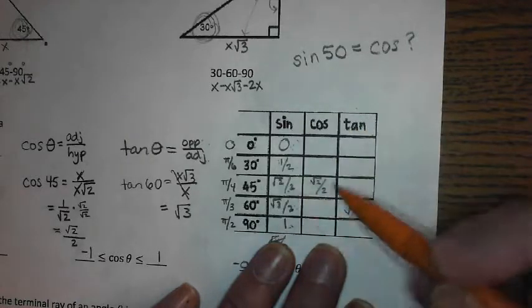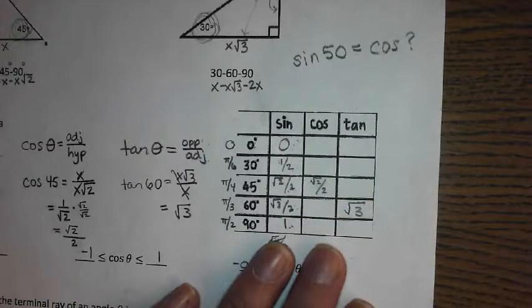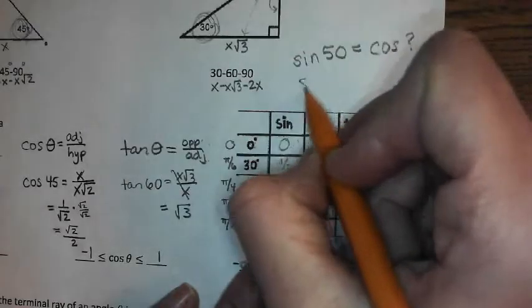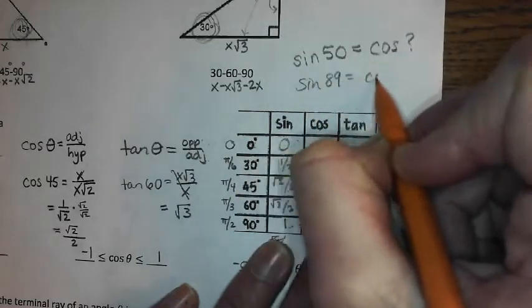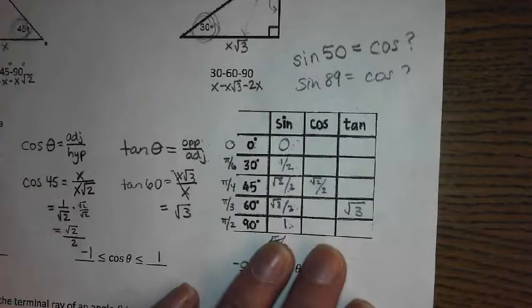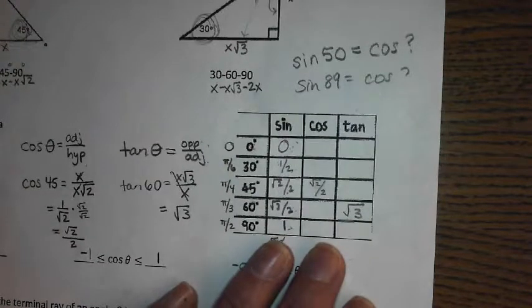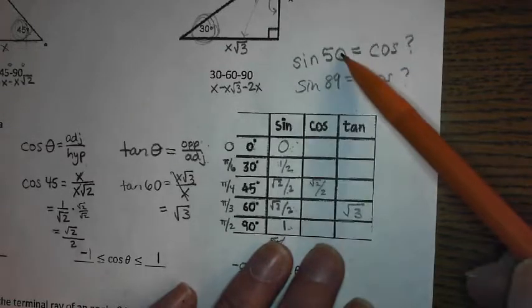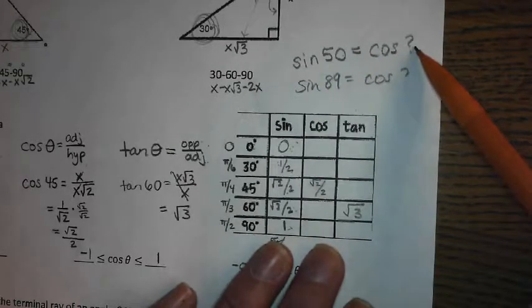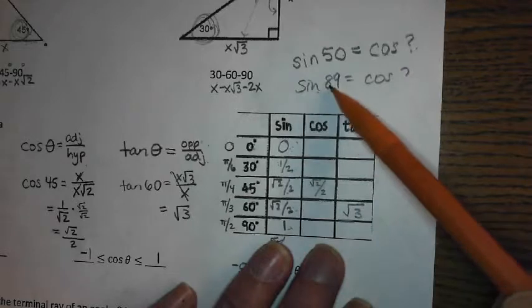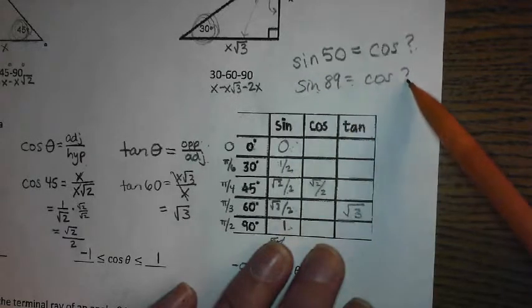Otherwise, we wouldn't need two separate columns if they were always the same. You remember? The sine of 89 equals the cosine of what? No, not a 1. It's a geometry thing. The sine of 50 equals the cosine of 40. The sine of 89 equals the cosine of 1.